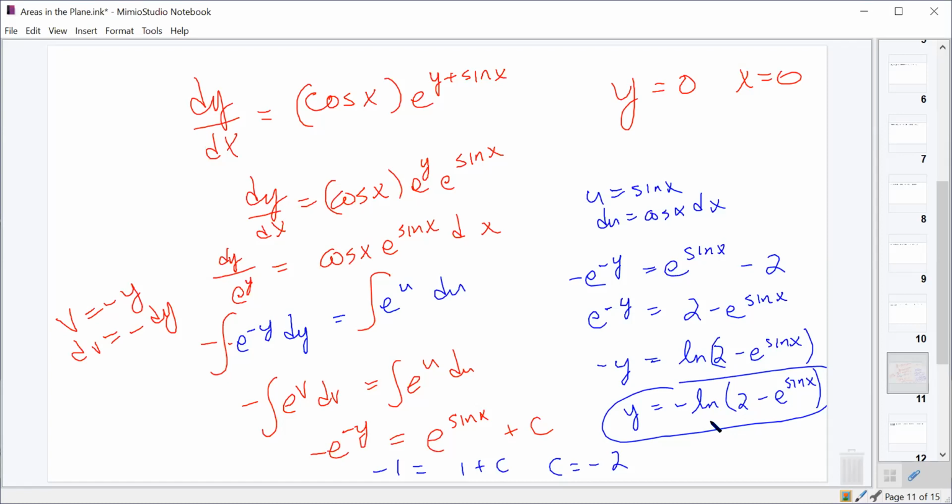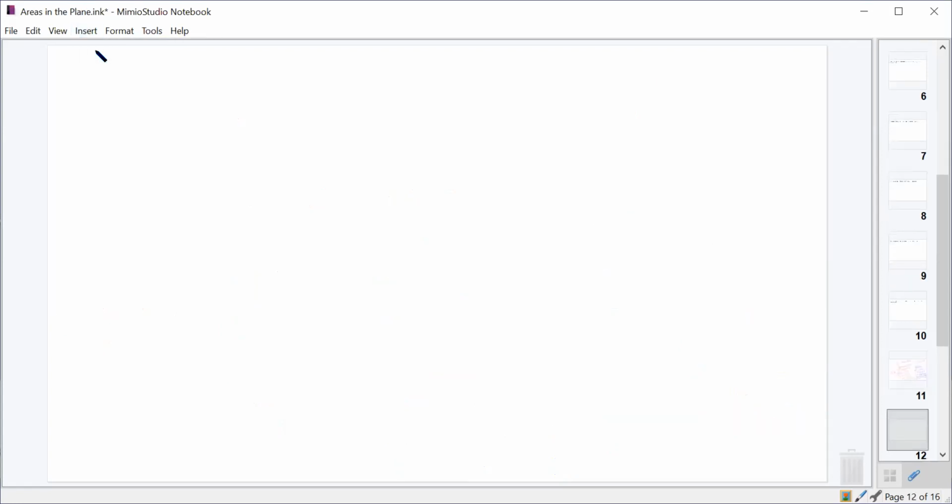All right. So we'd have to see when that thing is greater than 0. Let's get a new page for that. That was the function I had, right? 2 minus e to the sine x, natural log of that with the negative out in front. So this gives us that e to the sine x is less than 2, or sine x is less than the natural log of 2.